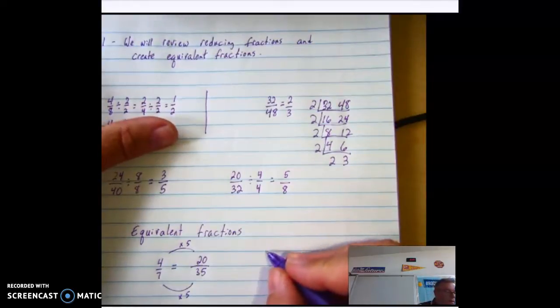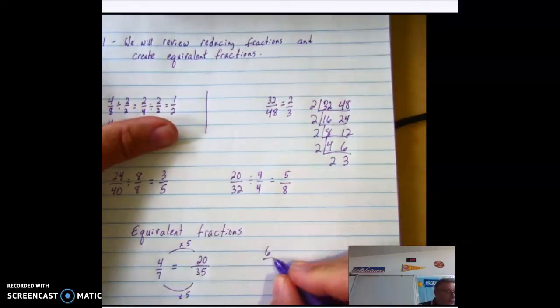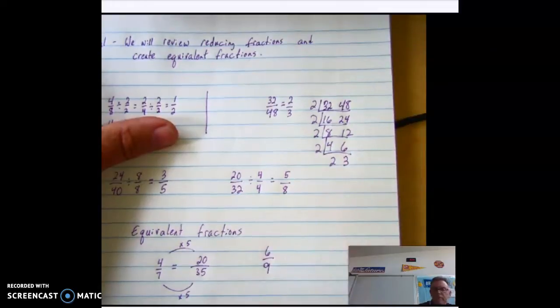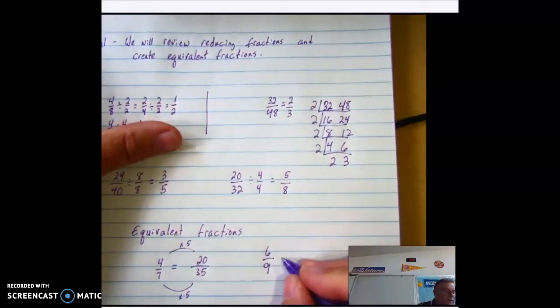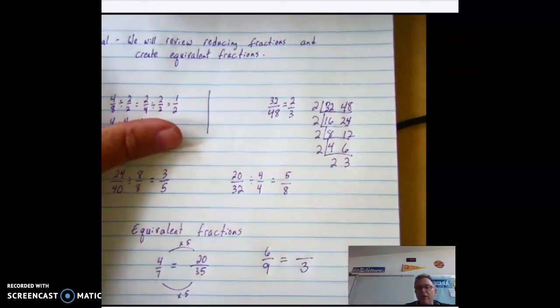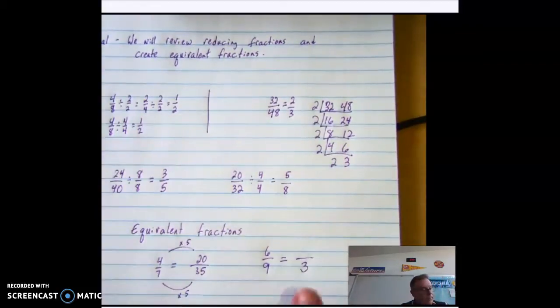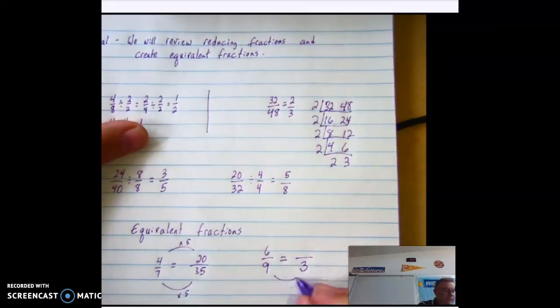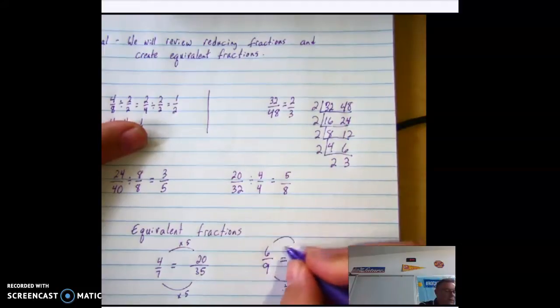So if I gave you 6/9, this time I'm going to give you the denominator, but I'm going to make it smaller. So if my new denominator is 3, the new numerator, well, how am I going to get from 9 to 3? I'm going to divide by 3. 9 divided by 3 is 3. Same thing with the numerator.